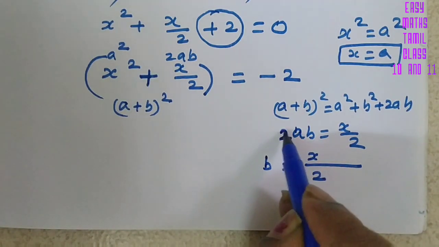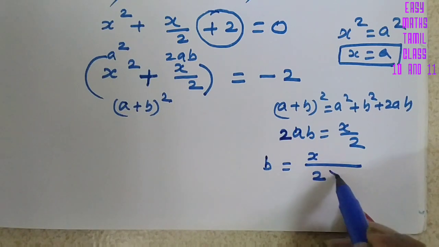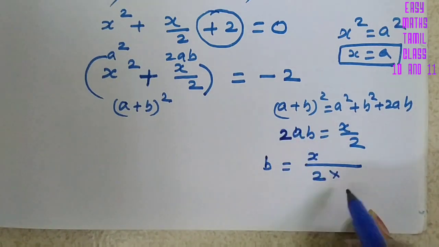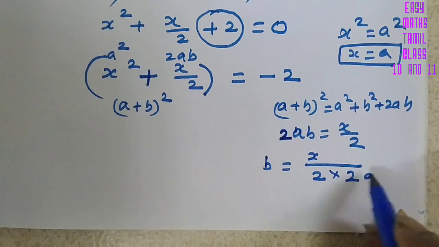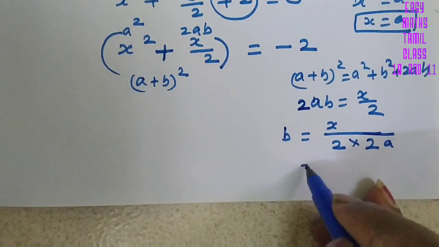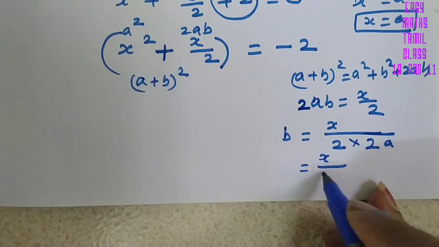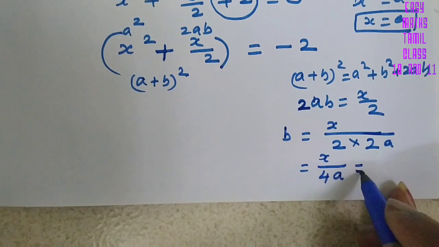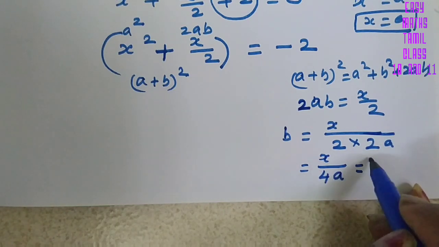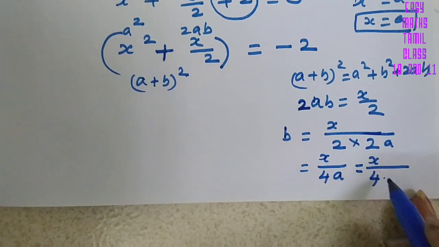Taking this 2a to the other side of this equation, this will go to the denominator. So x by 4 into a, and the value of a is x.